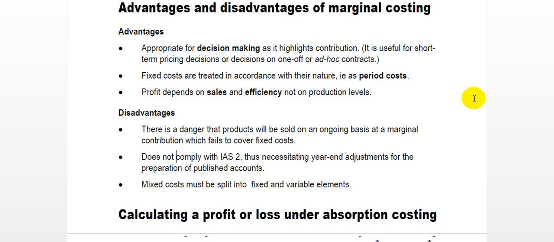Some costs are mixed in the sense that they've got a portion of fixed and variable costs. So where you've got such costs, then you must split these costs into their respective components of fixed and variable costs.